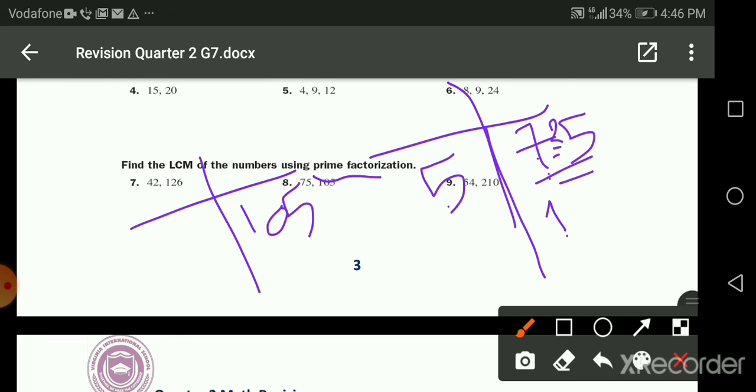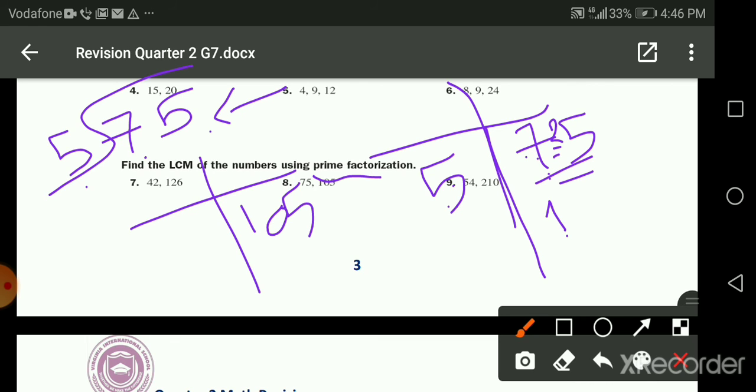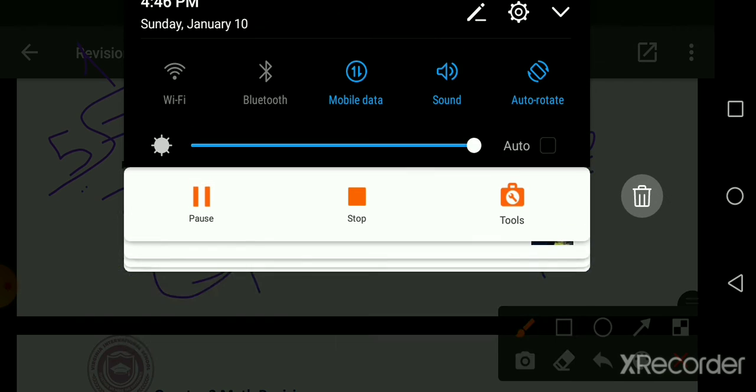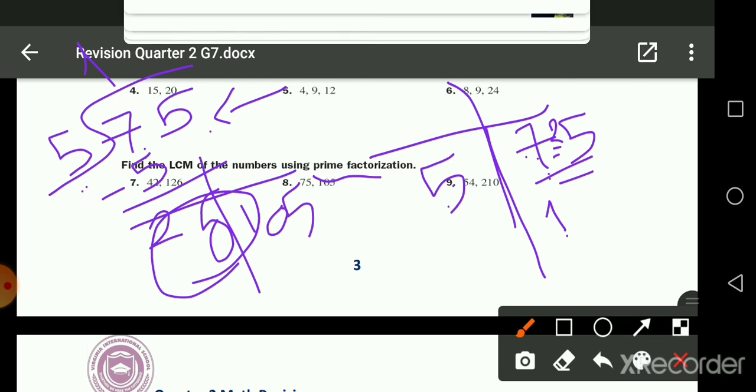What's the 2 here? The difference between 7 and 5. Some people don't know to do it just like this. 75 divided by 5, 7 divided by 5 gives you 1. 1 times 5 is 5. We have here 2, and we have here 5. So 25 divided by 5, 5. So we got here just 5.